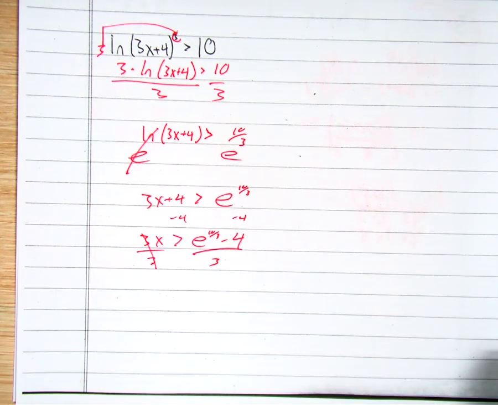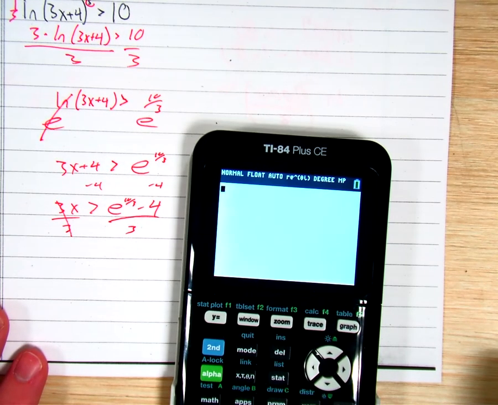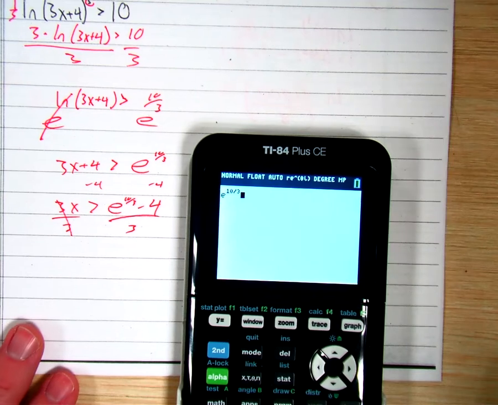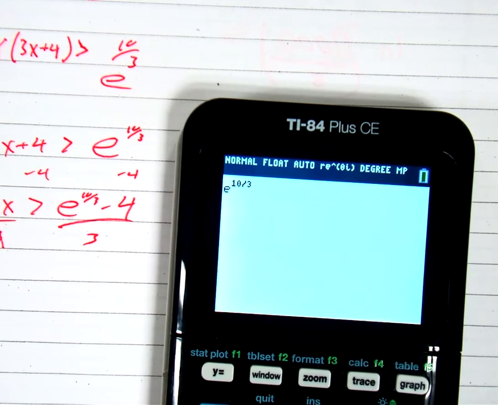So we'll have e, second e, to the 10/3 power. Bump it back down. Minus 4.